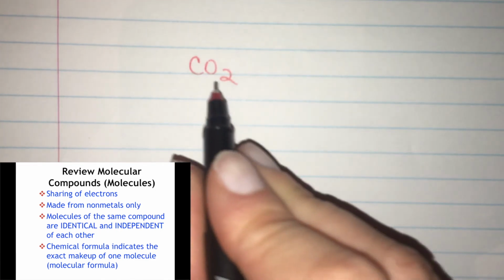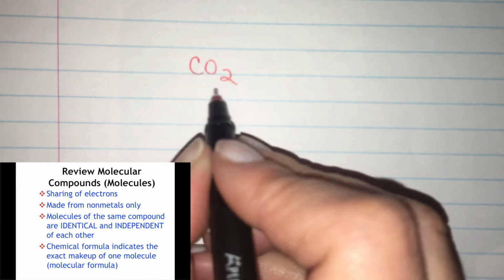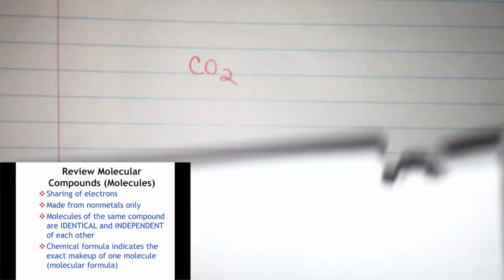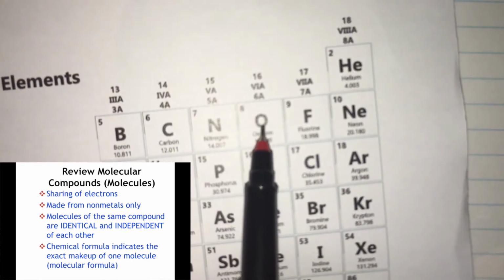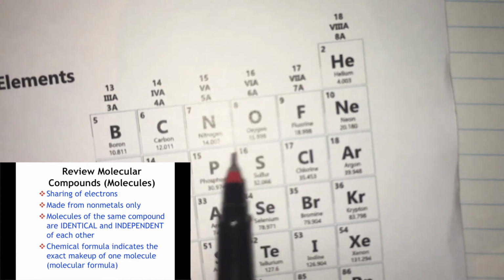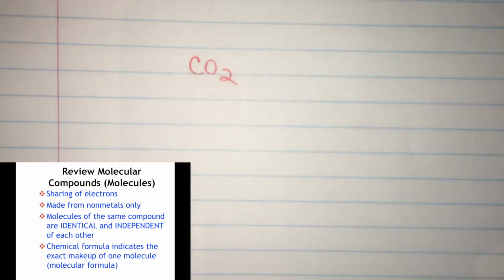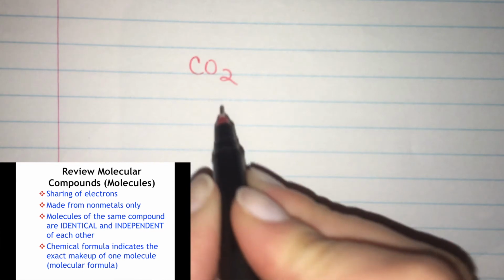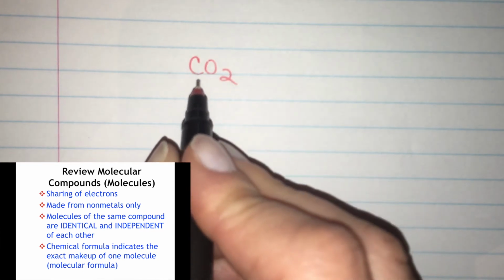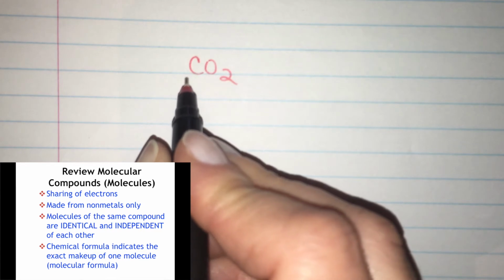So for example, let's look at carbon dioxide, CO2. They're bonds from 2 nonmetals, carbon and oxygen. They're on the nonmetal side of the periodic table. I always like to put whatever atom needs the most bonds in the middle.